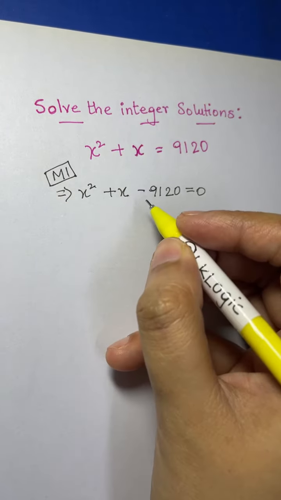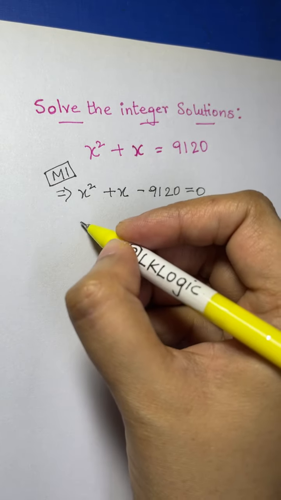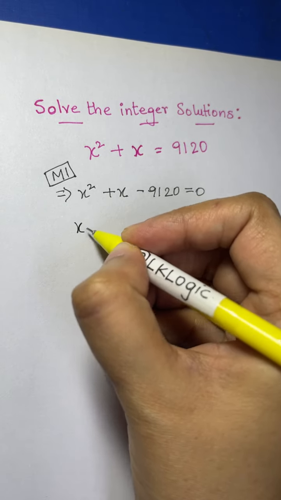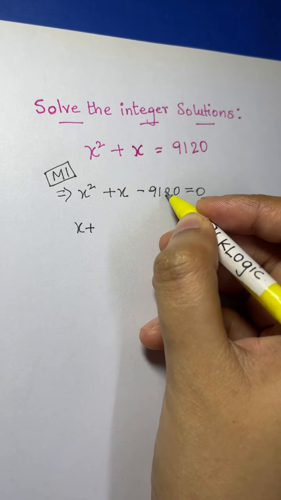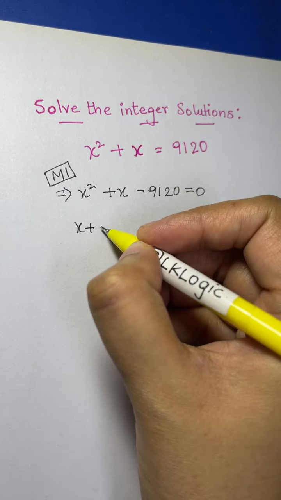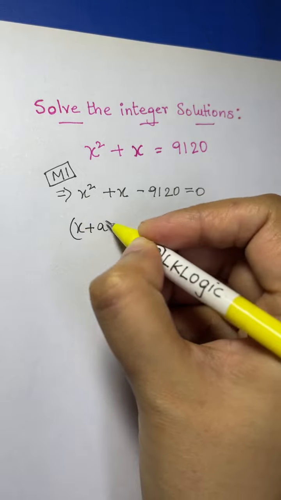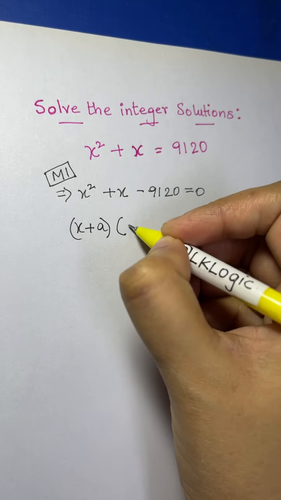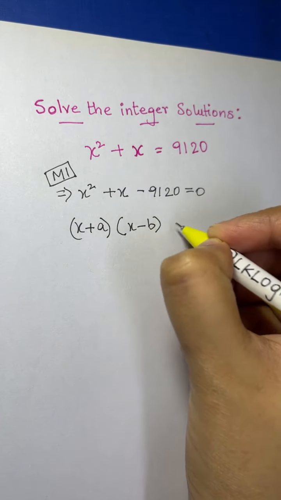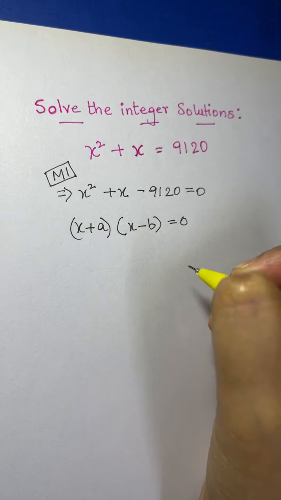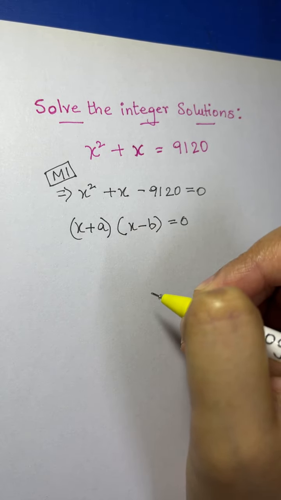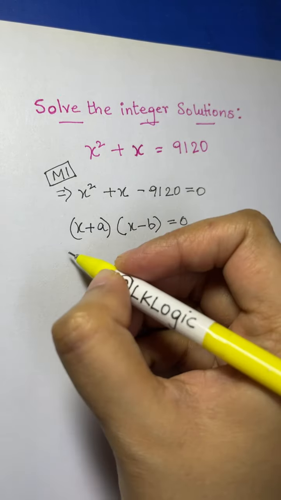For this method, your factors have to be in the form of x plus a times x minus b equals 0, as this is minus 9120. Now you can expand these two.